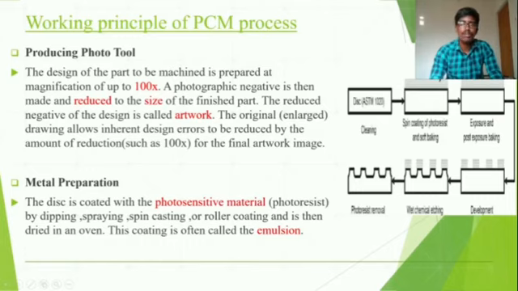Working principle of the photochemical milling process. The first step in the PCM process is producing the photo tool. Initially, the design part of the workpiece is drawn and its size is magnified up to 100x to reduce design error, and a suitable photographic negative is made and its size is reduced to the size of the design part.